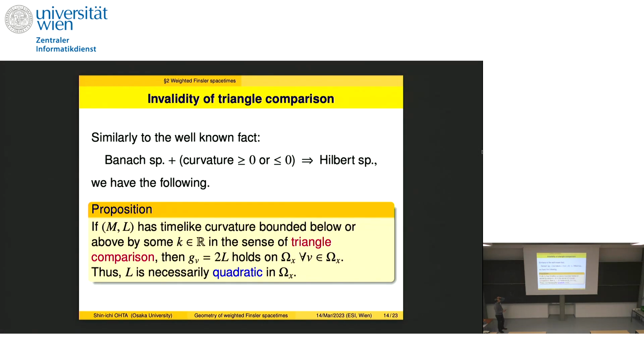So this approximate Lorentzian metric actually coincides with L. And this means that L is always written like this for all p. So this means that L is necessarily quadratic. And so it means that triangle comparison rules out Lorentz-Finsler. Okay, so this is just a remark about the difference between Lorentzian and Lorentz-Finsler.